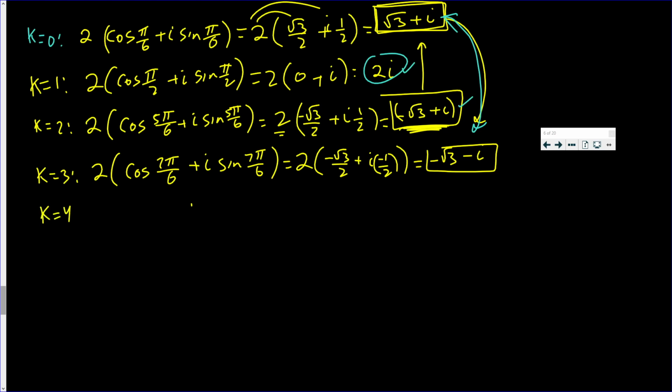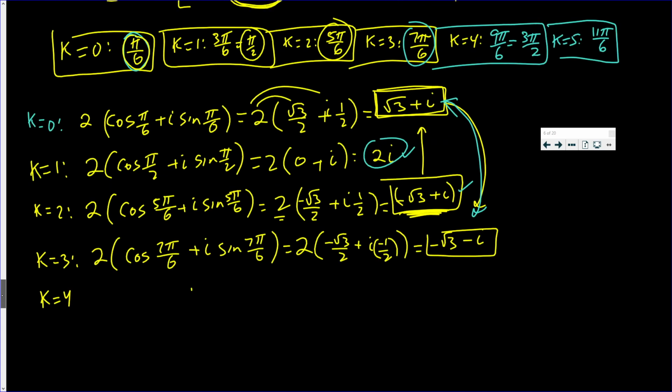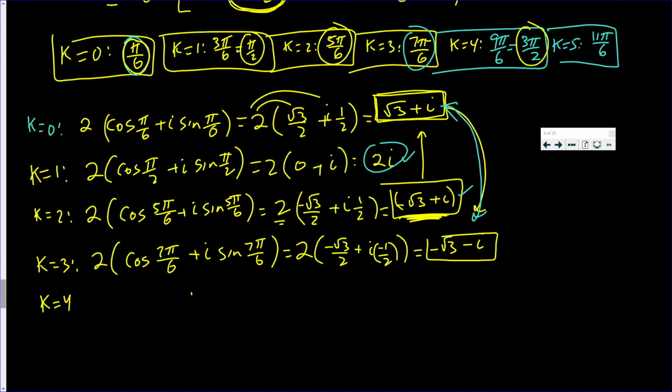When k is 4, the angle is 3 pi over 2. So we get 2 times the cosine of 3 pi over 2 plus I times the sine of 3 pi over 2. And the cosine of 3 pi over 2 is, sorry, it's 0.